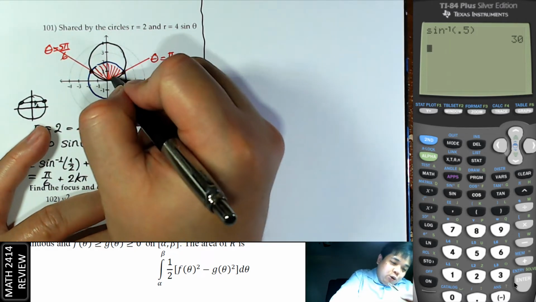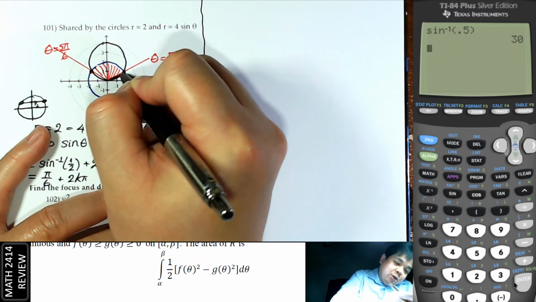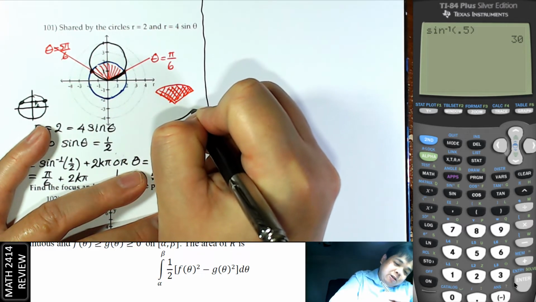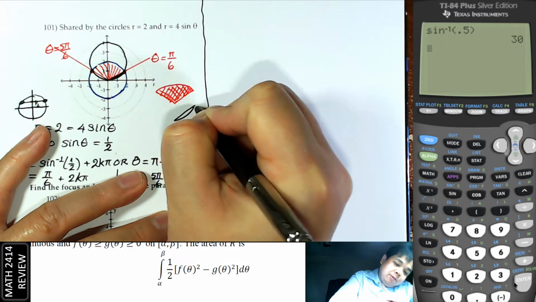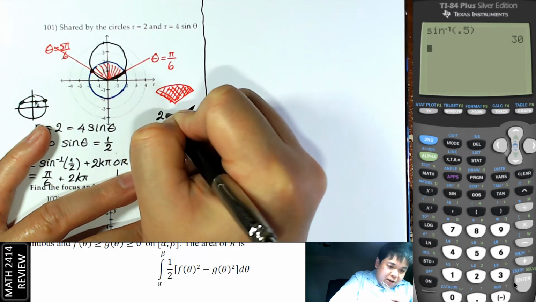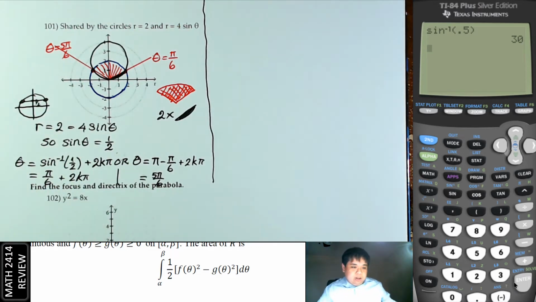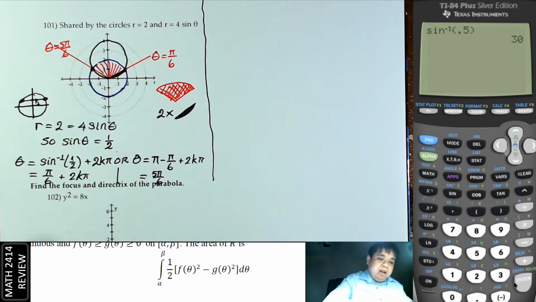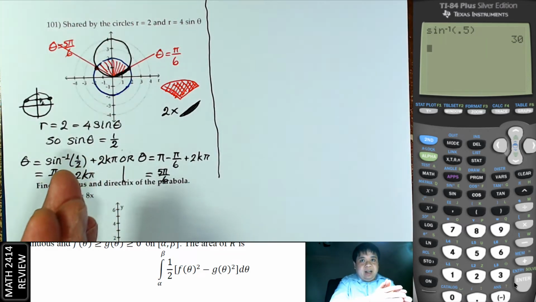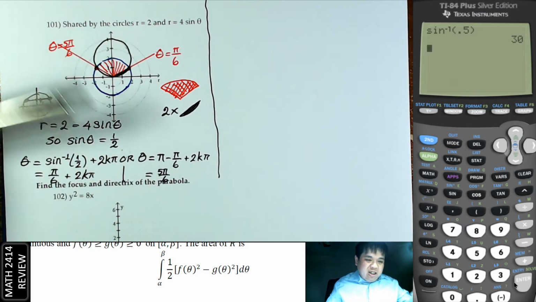And then there are 2 of them. All we need to do is one of this segment, and 2 times those, because by symmetry the area will be the same. Of course, the sector here we can split in half and then multiply by 2, but let's just write that.